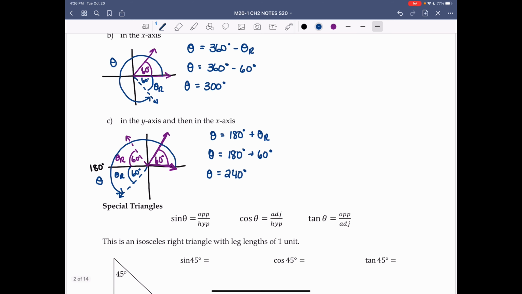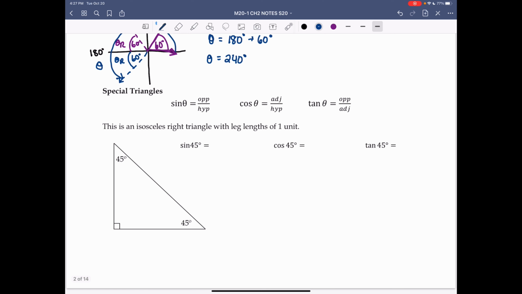Special triangles. We recall SOHCAHTOA from Math 10C, where sine theta equals opposite over hypotenuse, cos theta equals adjacent over hypotenuse, and tan theta equals opposite over adjacent, and we can only use these for right triangles. Below we have an isosceles right triangle with leg lengths of 1 unit.